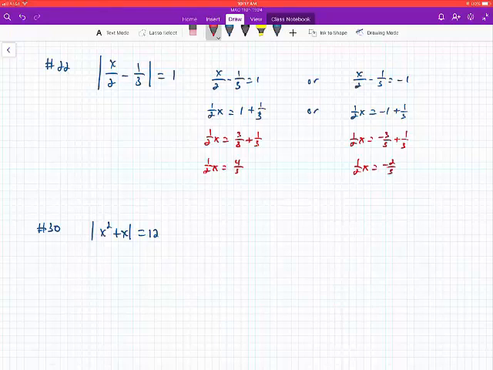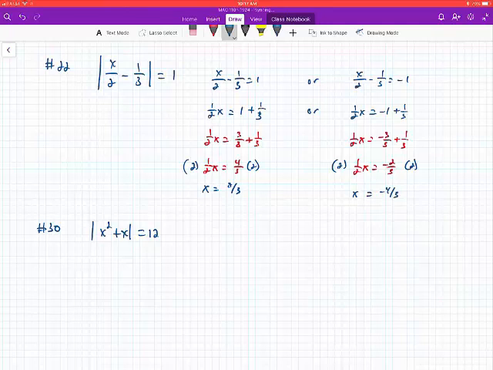Now I'm going to multiply both sides by 2, since my coefficient is a fraction. I can multiply both sides of the equation by the reciprocal, which is 2 over 1, or just 2. So here I end up with x is equal to 8/3, and on this side, I get x is equal to negative 4/3. So my solution set is negative 4/3 and 8/3.